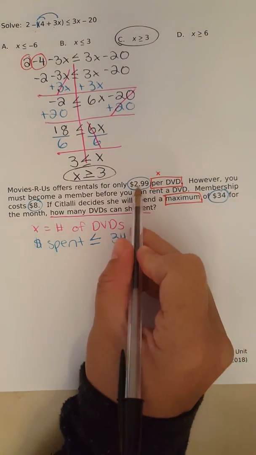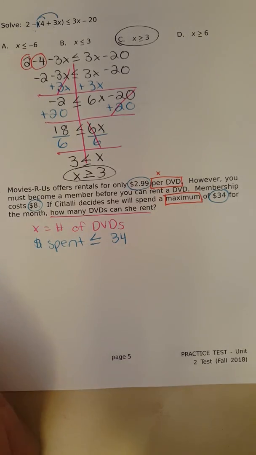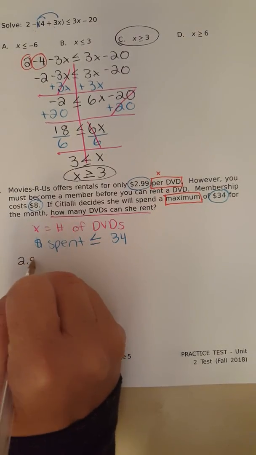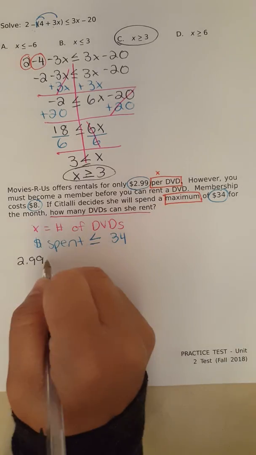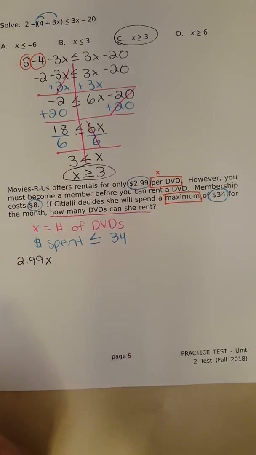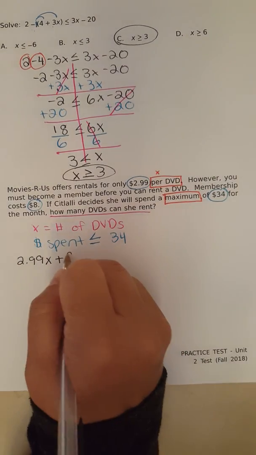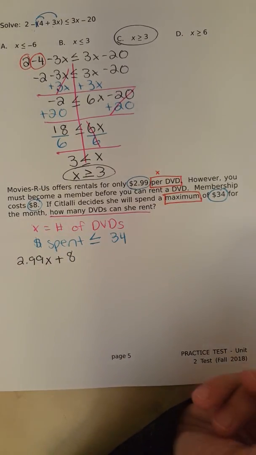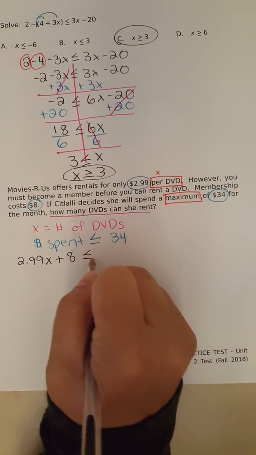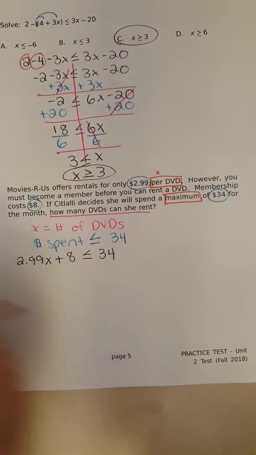So let's start. She's spending $2.99 per DVD. So $2.99 times the number of DVDs, which is X. But she's also got to become a member, so we got to add on some more money here. She has to pay $8 to become a member. Then that's going to be less than or equal to $34 total.